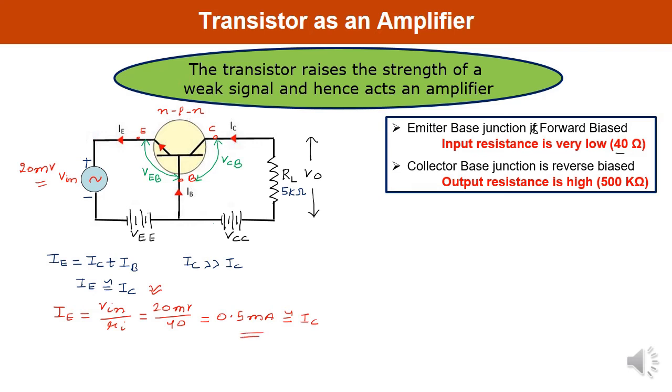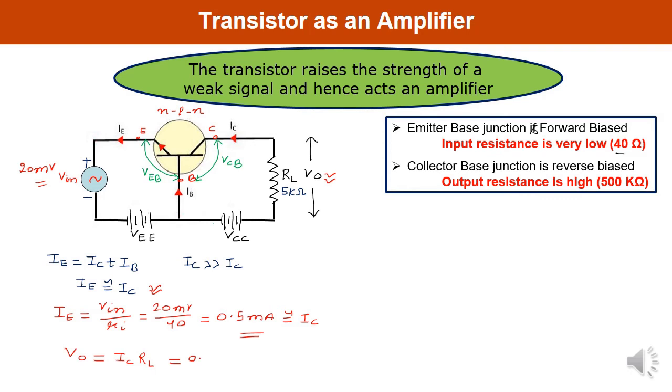Now you are taking the output voltage VO across this load resistance, which is RL, and the current passing through this load resistance is IC. So what is the output voltage? If you calculate VO, this is nothing but IC into RL. What is the value of IC?